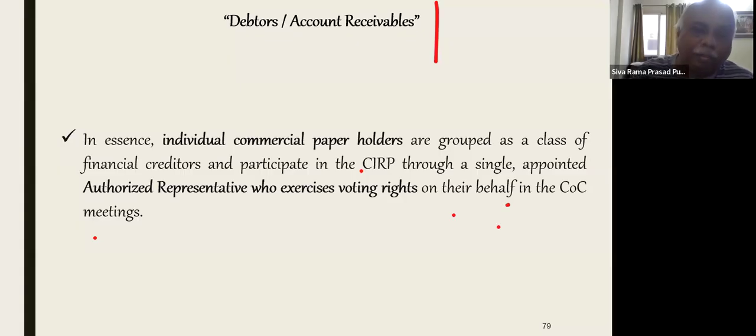How many agreed for that particular decision, how many did not agree, and those who did not participate, they will be taken into account as absent from that particular decision.